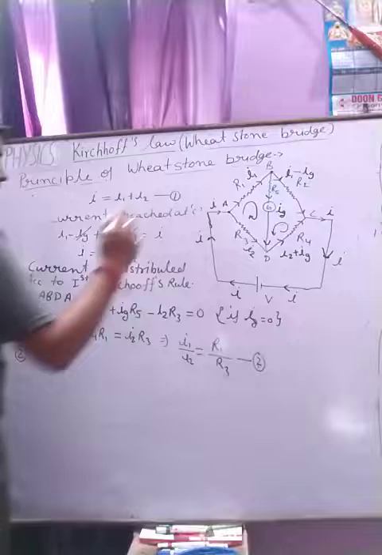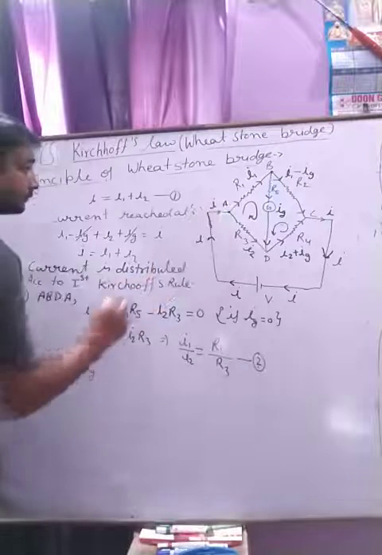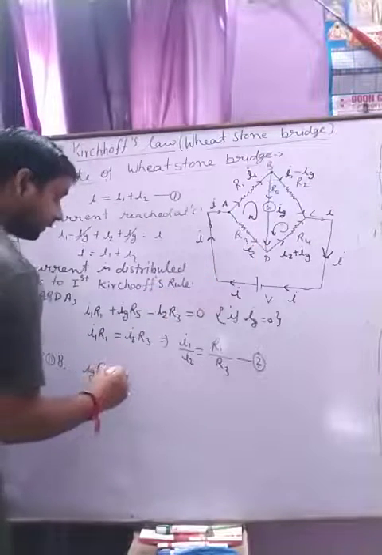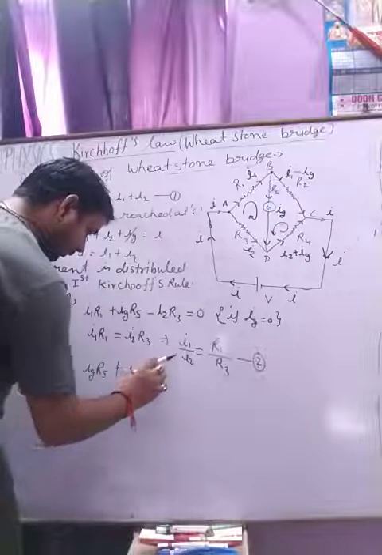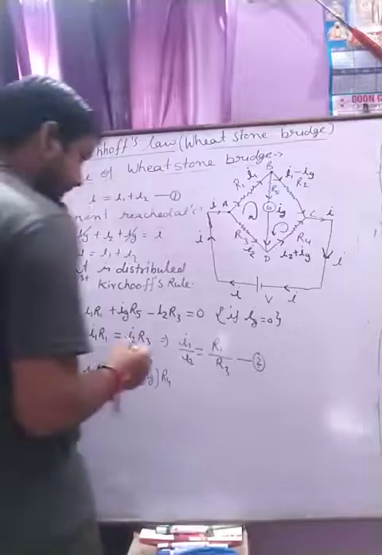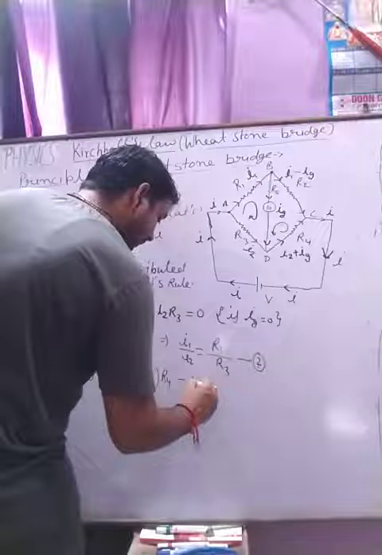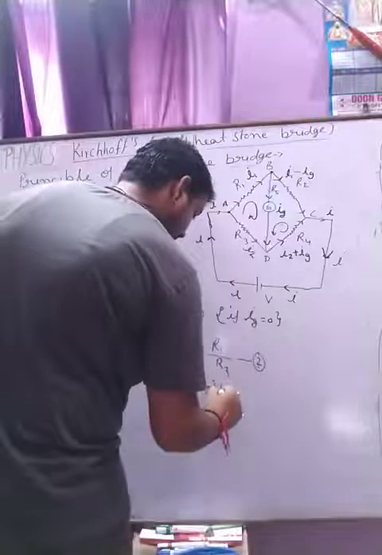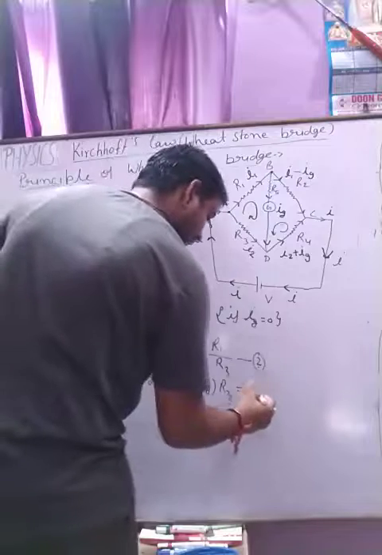So when we are moving here, Ig R5 in the direction of current, I2 plus Ig R4, and in this direction opposite to the current, minus I1 minus Ig R2, and we reach point B, it is equal to 0.